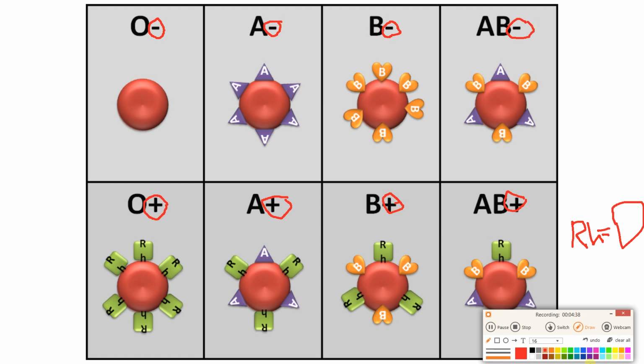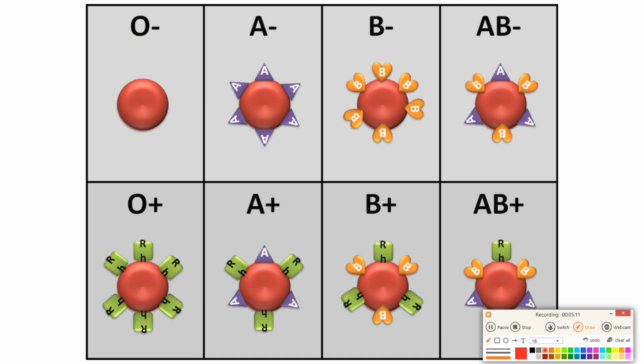Okay, now let's deal with the letter of the blood type. This guy has neither A nor B. Same down here. My 2 guys right here in this column have neither A nor B. This guy has A but not B, B but not A, both A and B. So if you have neither A nor B, like these two gentlemen here, you get O as your letter.